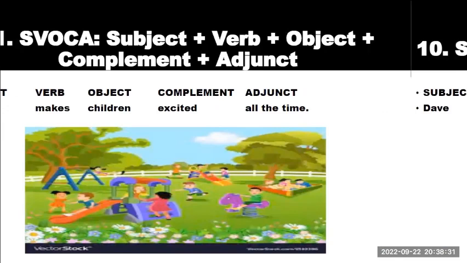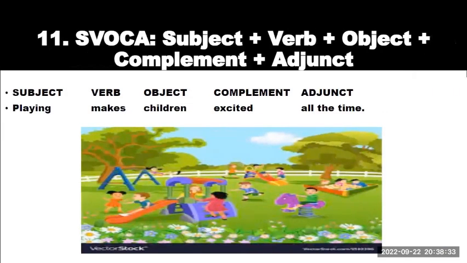All right. Now, number 11, which of course is bringing us closer to the end of this lesson, we have SVOCA. A sentence with the SVOCA structure contains 5 parts: subject plus verb plus object plus complement plus adjunct, which means all the elements that are required to make a complete sentence in English are complete in this structure.